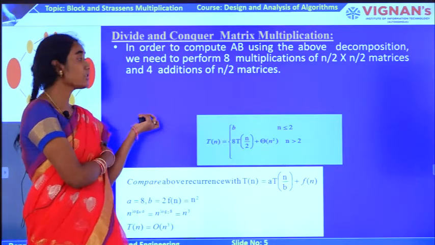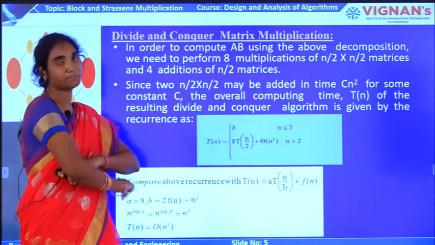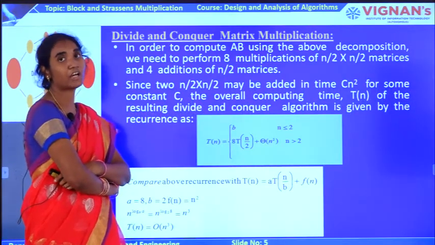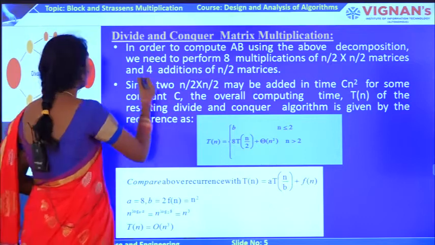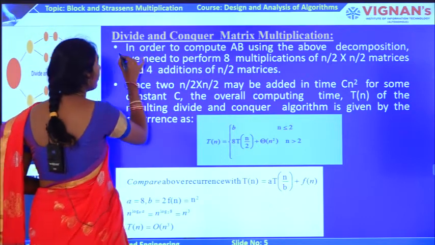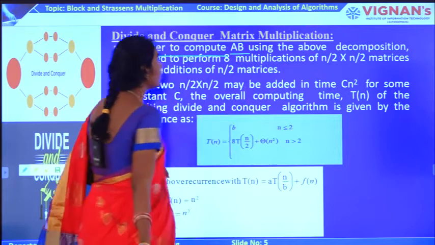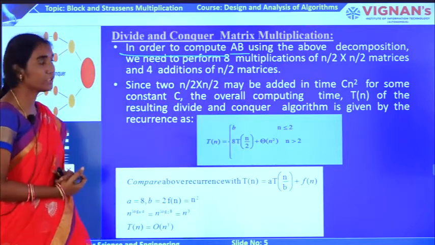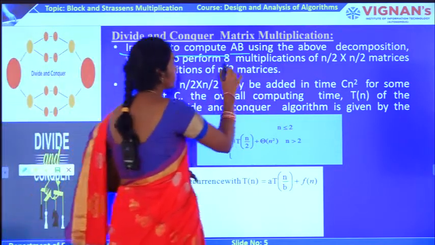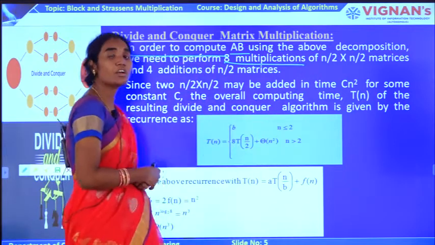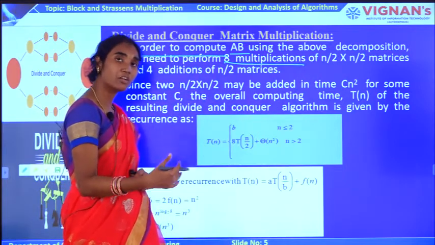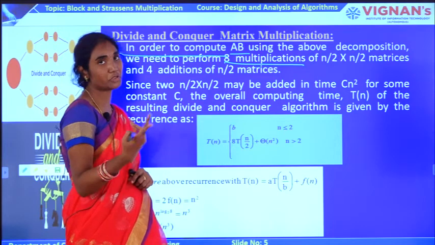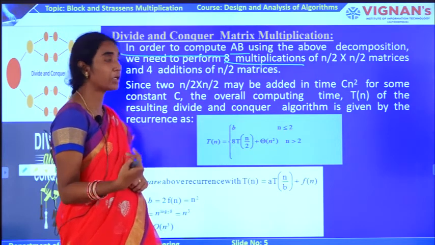How do we apply the divide and conquer strategy for performing matrix multiplication? In order to compute AB using the above decomposition, we need to perform 8 multiplications, as we have just seen. To compute C11, I require 2 multiplications. To compute C12, I require 2 more.